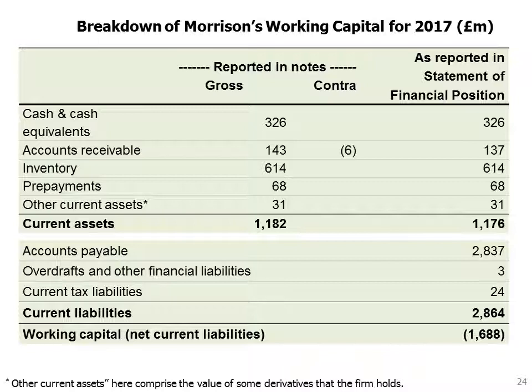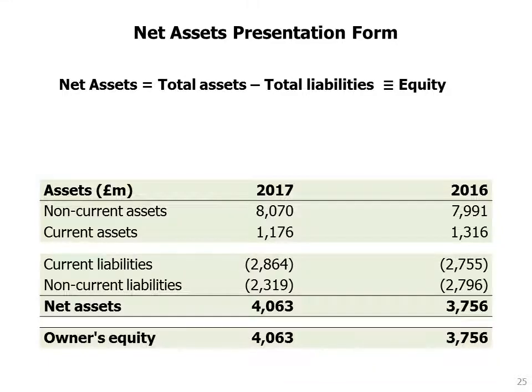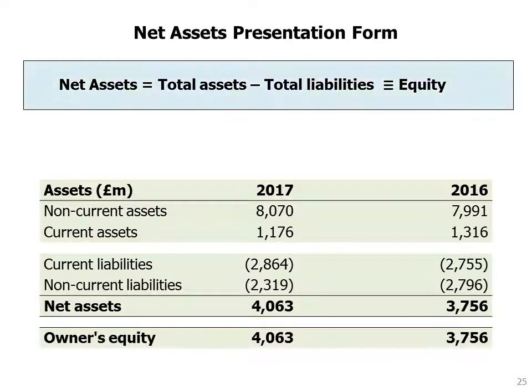This large number reflects the negotiating power of the supermarkets. We see that overdrafts and other financial liabilities is a very small number, which is not surprising given the large cash figure, and some current tax liabilities. And if we were to take the net asset presentation form, not quite sure why.